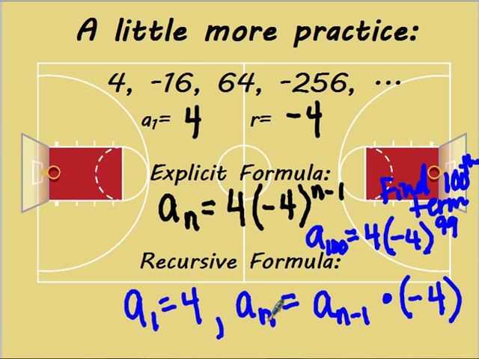So if I wanted to find the third term, let's say, I would take the second term and multiply it by negative 4. Remember, explicit lets you jump ahead to any term in your sequence. A recursive formula just tells you the pattern, but you still have to write out all the terms.